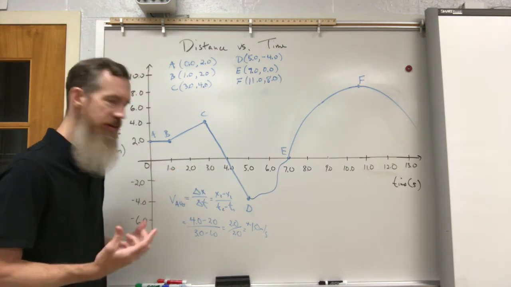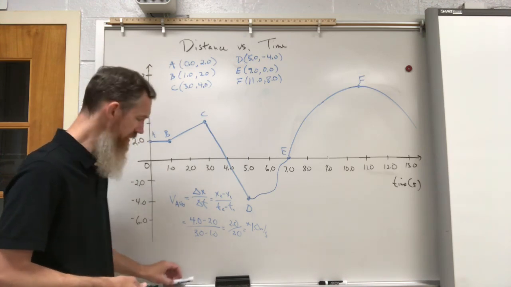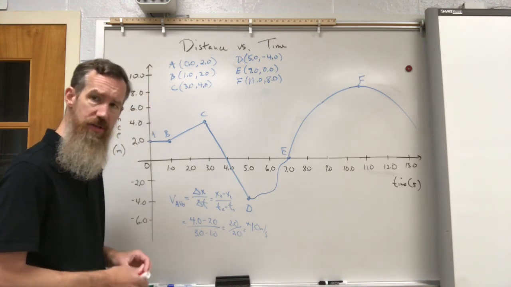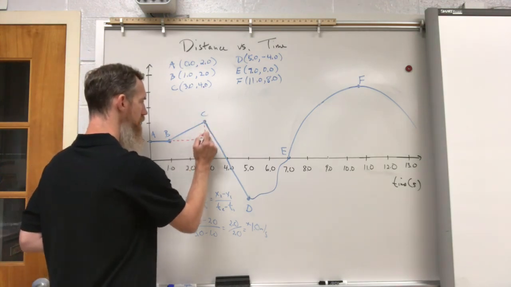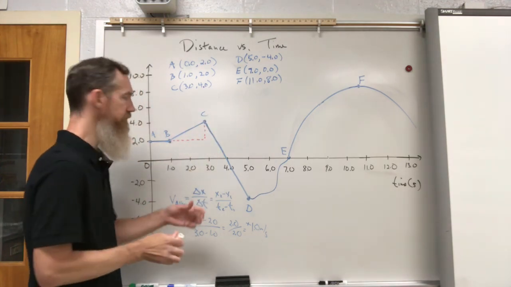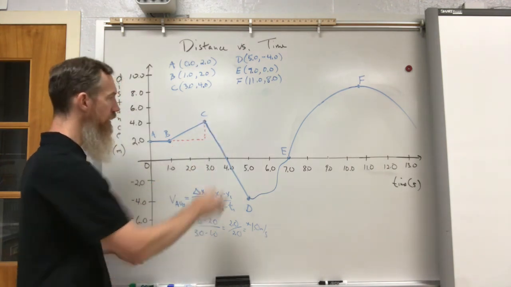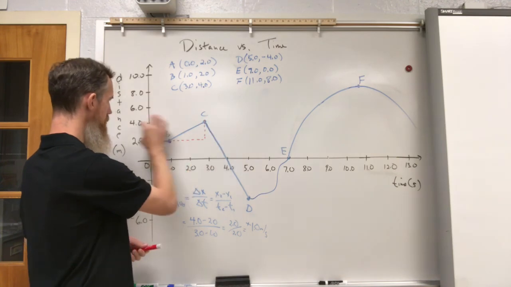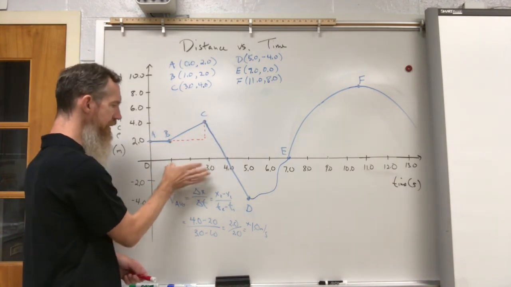It is moving in the positive direction. But you'll also notice that this formula is the same as calculating the slope of this straight line. If you look at the slope and you do your rise over run, well, your rise is the 2 meters. Your run is the 2 seconds.